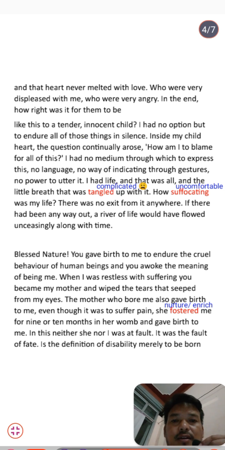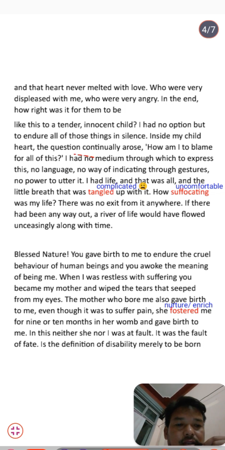Inside my child heart, the question continually arose: how am I to blame? I had no medium through which to express this, no language, no way of indicating through gestures, no power to utter it. Through this line, students, she wants to express that inside my youngster heart the inquiry persistently emerged: how am I to blame for all of this?